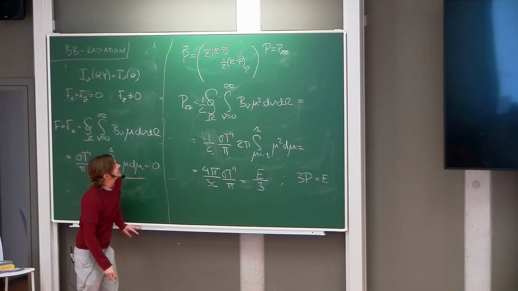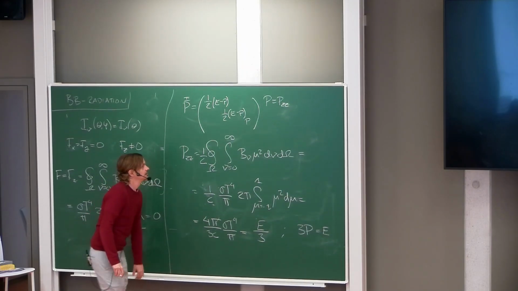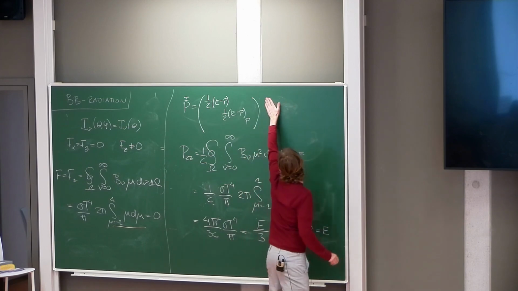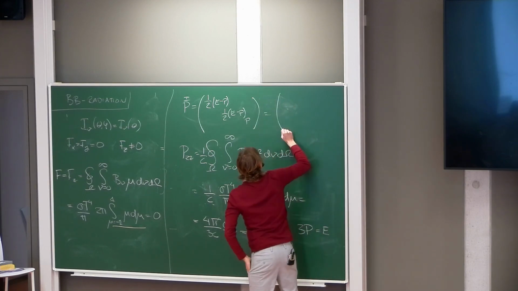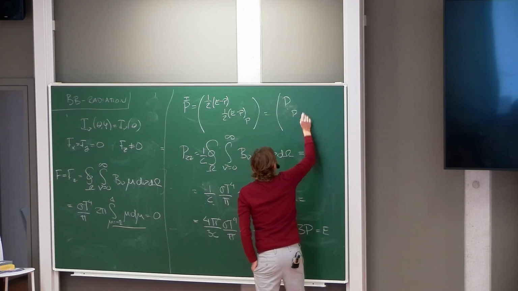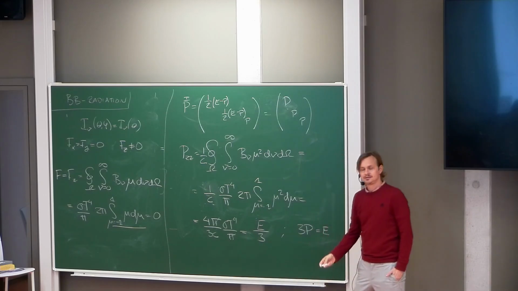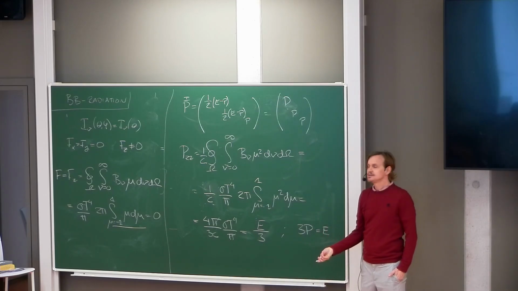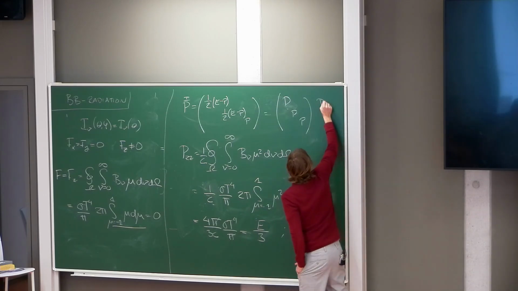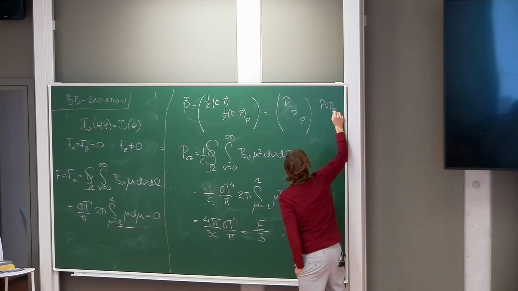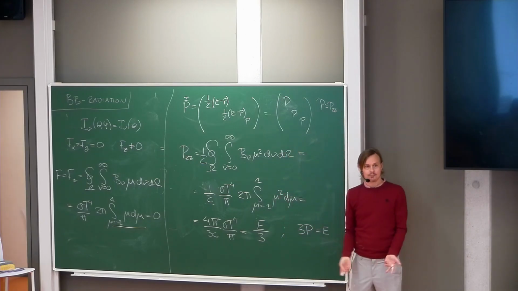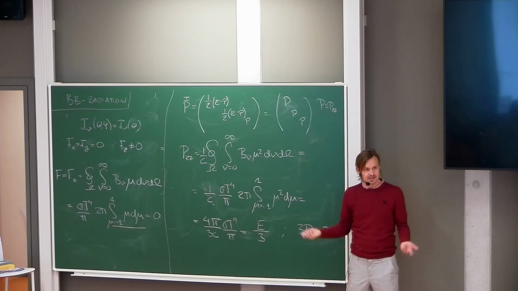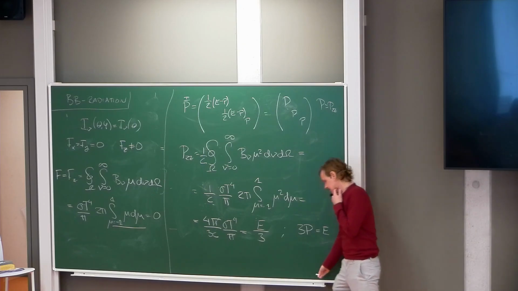So let's plug that into our tensor here. Then you see that indeed you get a diagonal tensor where the value is just the value of that. This is what we call the isotropic radiation pressure in this case.